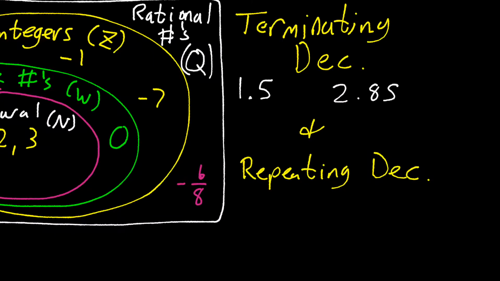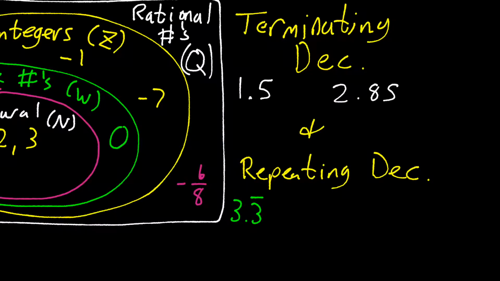It could just be something as simple as 3.333, and it's just going to keep giving us 3s forever. So we would say that instead of writing all of the 3s out, we have a bar that goes above it, and that would be 3.3 repeating.